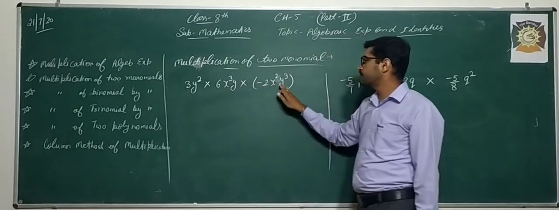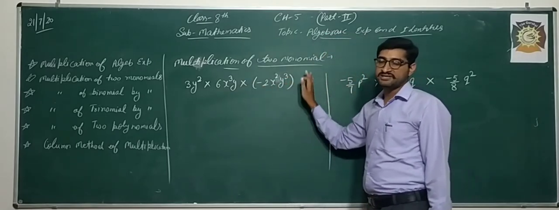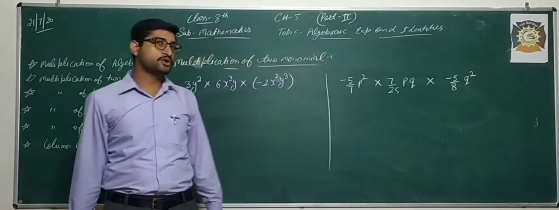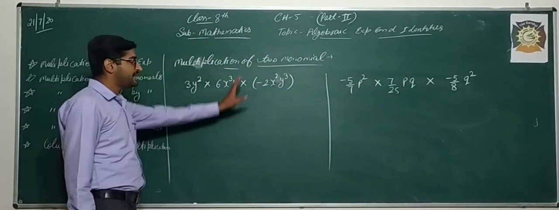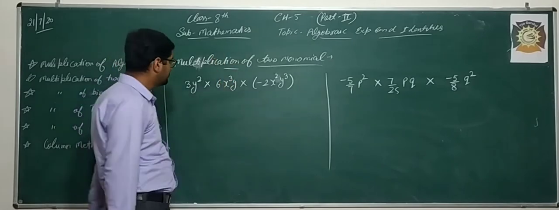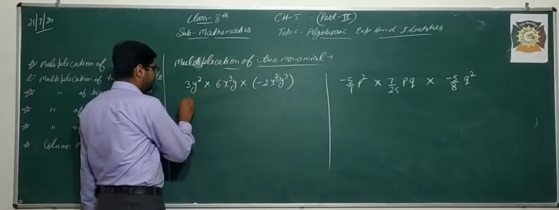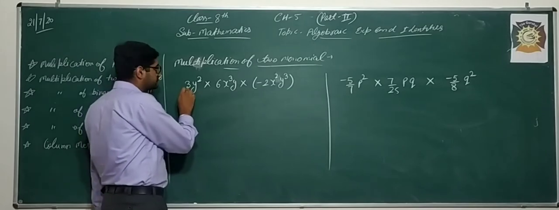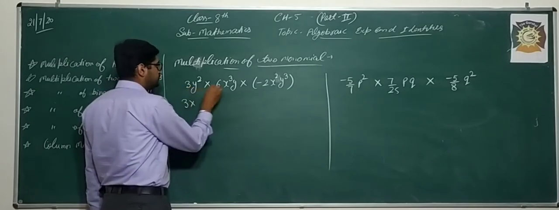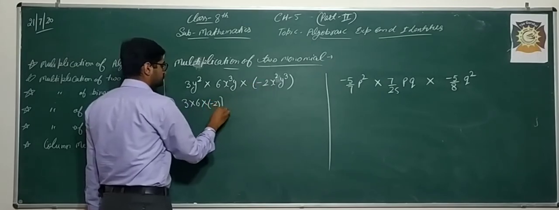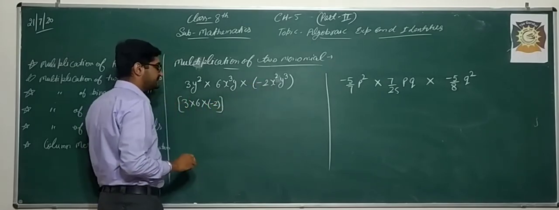And minus 2x square y cube, it again has a single term. So these all are monomials. So how do we multiply two monomials or three monomials? Here you can see, first of all, we will write the constant values 3 into 6 into minus 2. Is it clear?